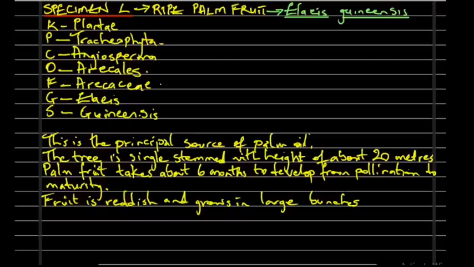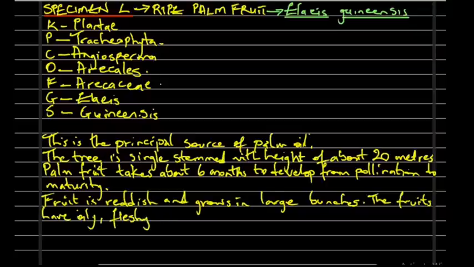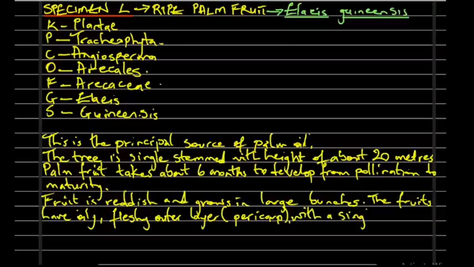Each fruit is made of an oily, fleshy outer layer. The outer layer is called the pericarp, and it is with a single seed.